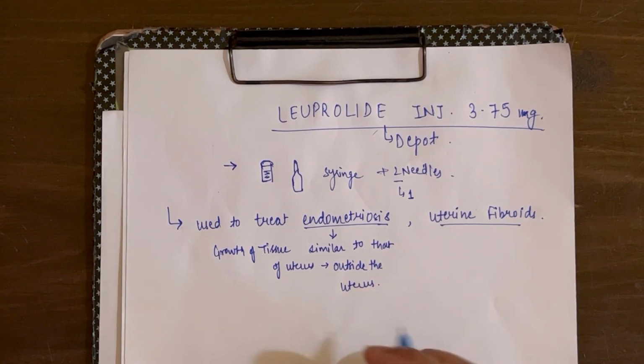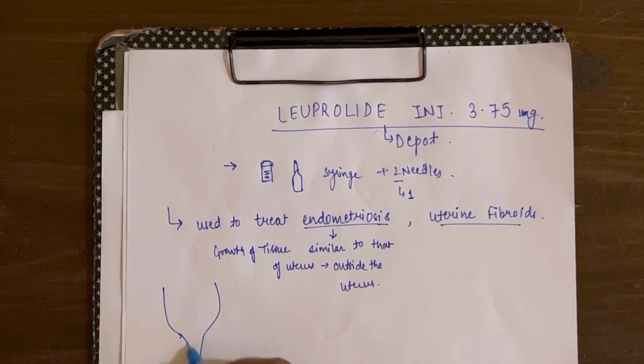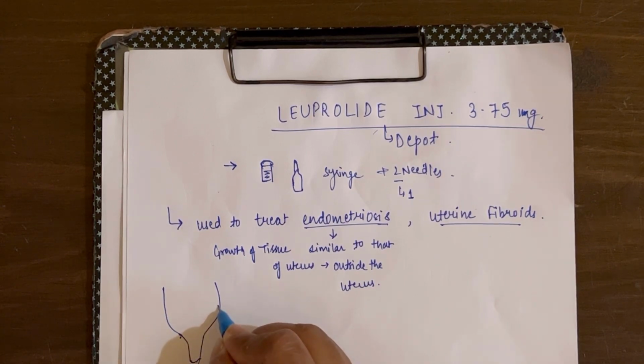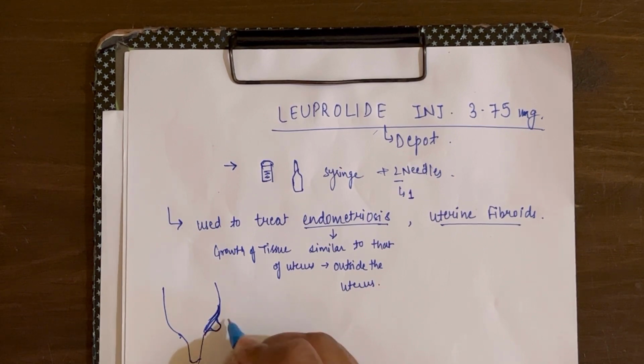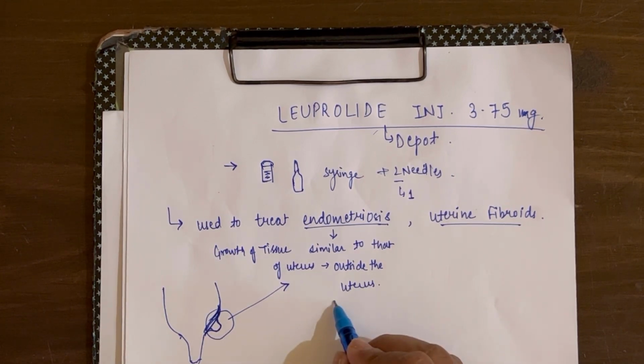In endometriosis, if this is your uterus, then a tissue whose characteristics, whose features are similar to that of the uterus, grows outside the uterus. For example, this is an extra tissue that is growing outside the uterus. So this condition will be known as endometriosis.